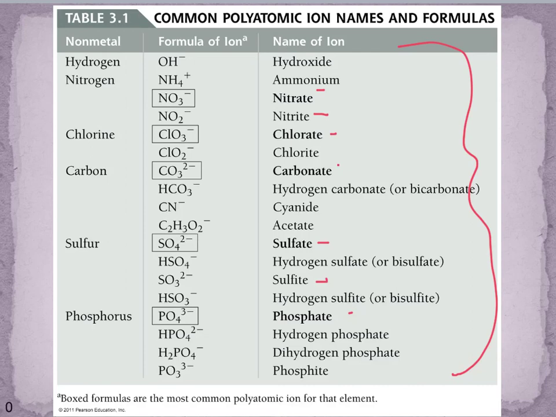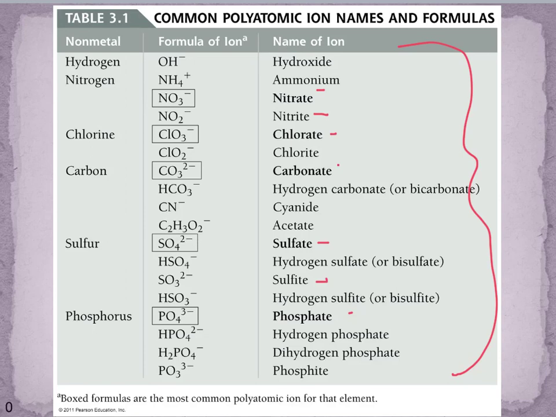Sulfite has 3 oxygens and a 2- charge. So one less oxygen, same charge. That will be true for all of these oxyanions, these polyatomic ions with oxygen in them. I see the same with phosphate and phosphite, carbonate, we don't have carbonite on there, chlorate and chlorite. We just need to memorize those.